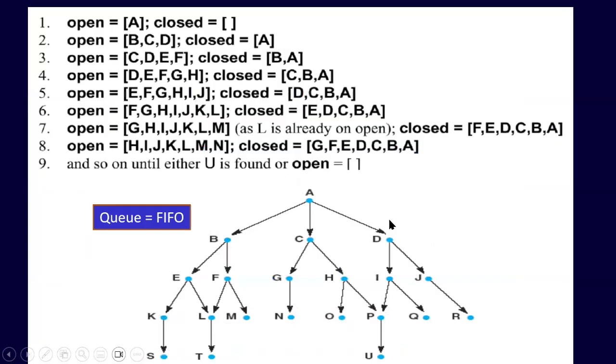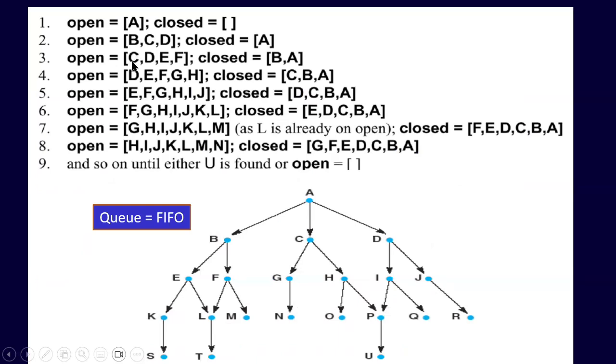To implement that, the basic idea is to prepare an open list, which initially has the start state, A. Pop the first one, add the children of A, and put A in the closed list, or done list.